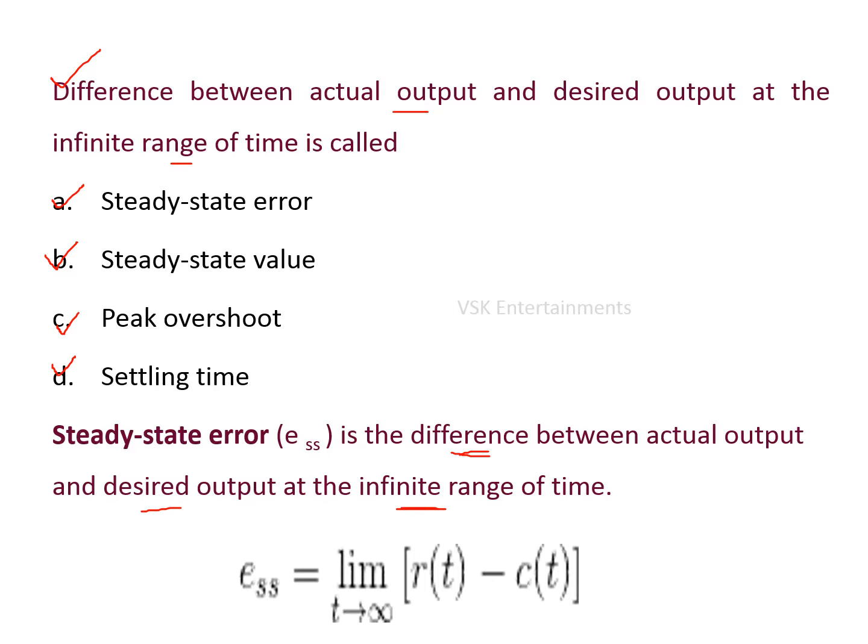Okay, the formula for steady state error is given as limit t tends to infinity r of t minus c of t. Here r of t is the actual output and c of t is the desired output. The difference between these two at infinite value of time is called the steady state error. So option A is the right answer. That's the steady state error.